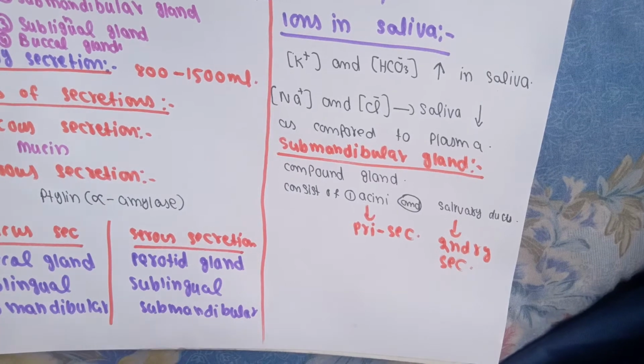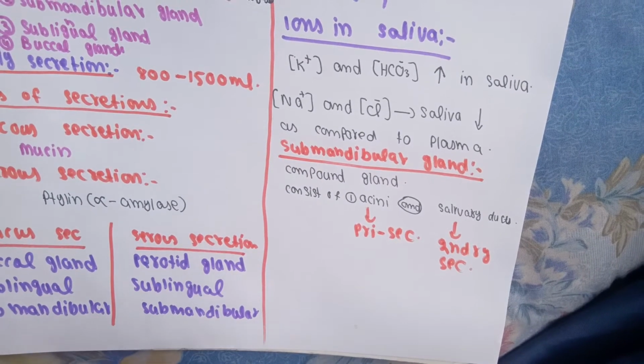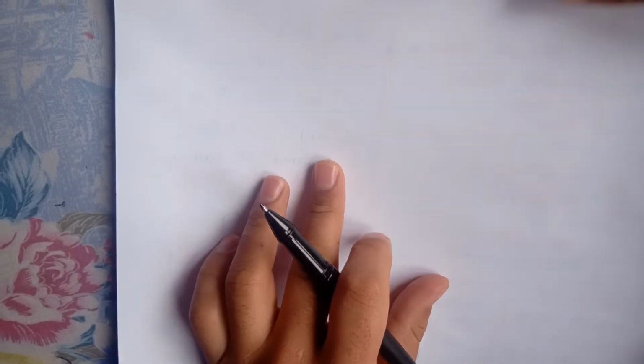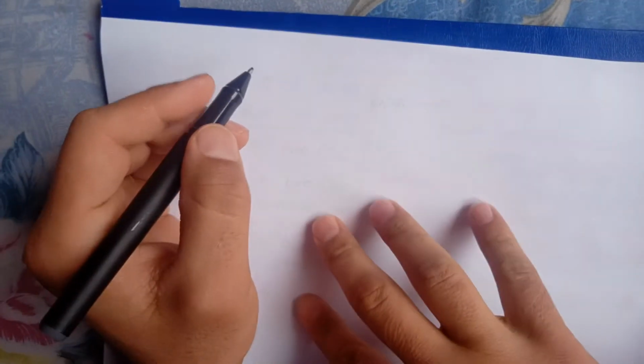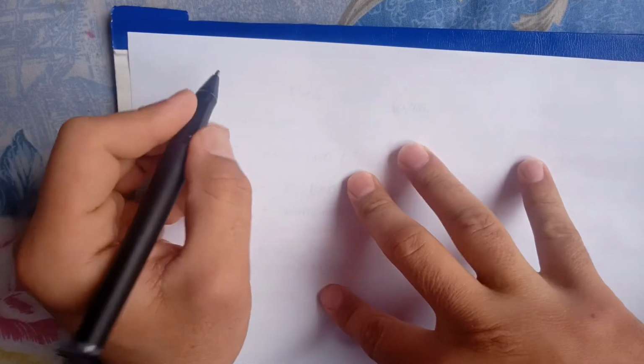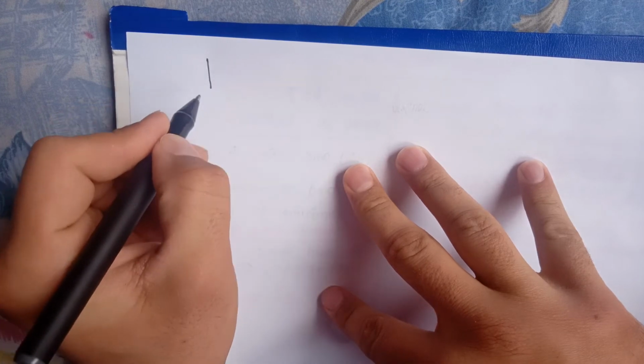What is the structure of this gland? Here I am drawing the structure of a submandibular gland. Actually, if I draw a simple structure, not including the structure of the cell, it will be in this way.